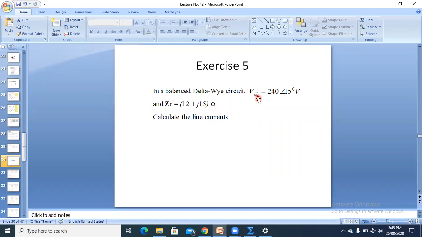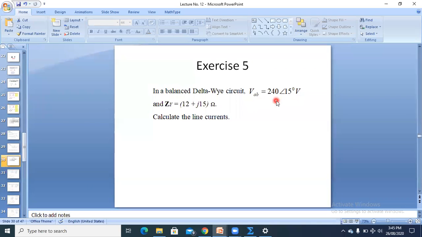We convert this delta line voltage into the Y connected phase voltage. For the Y connected phase voltage VAN, we divide this by root 3 and shift the angle by minus 30 degrees.